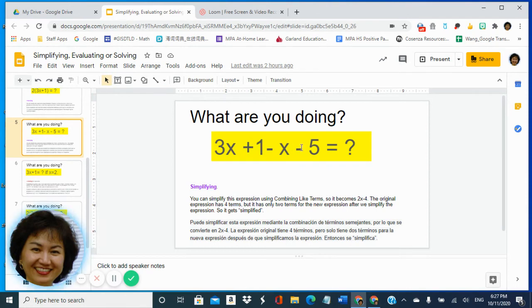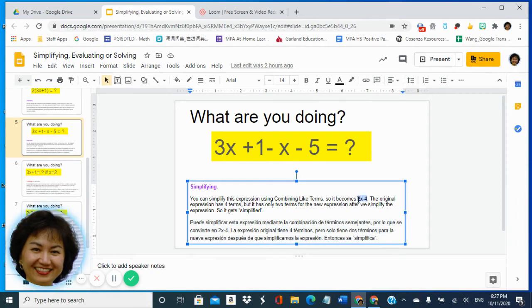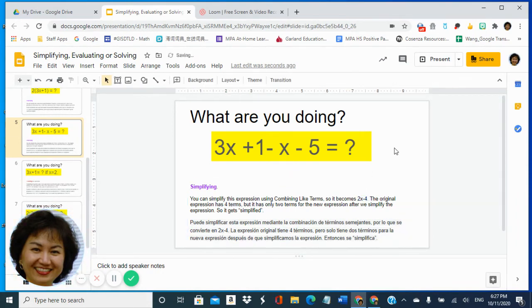And the plus 1 minus 5 becomes negative 4. So you will have an expression 2x minus 4 here. That is a simple expression. Compared to this one, it gets much more simpler. So we called this process as simplifying again.